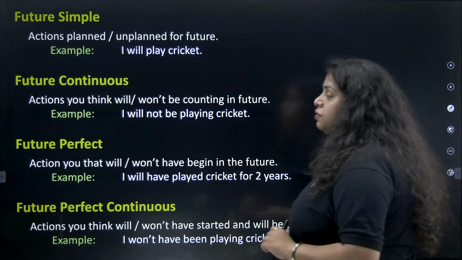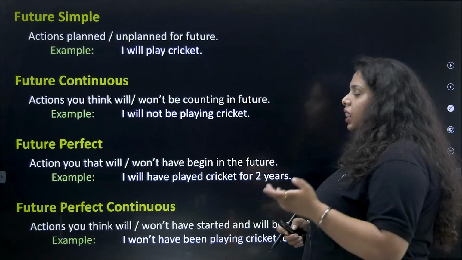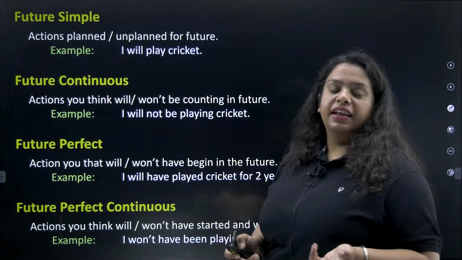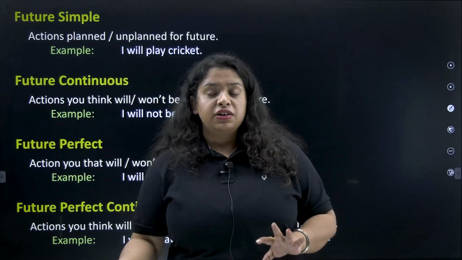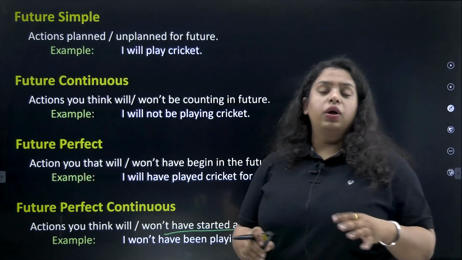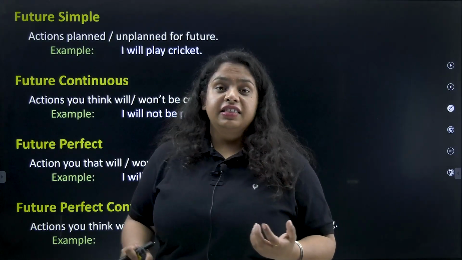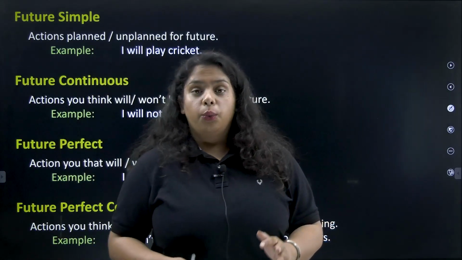Then in your future perfect tense, we talk about the actions that will or will not have begun in the future. Then for the future perfect continuous, we talk about the actions we think will or will not have started in the future in a continuous way.